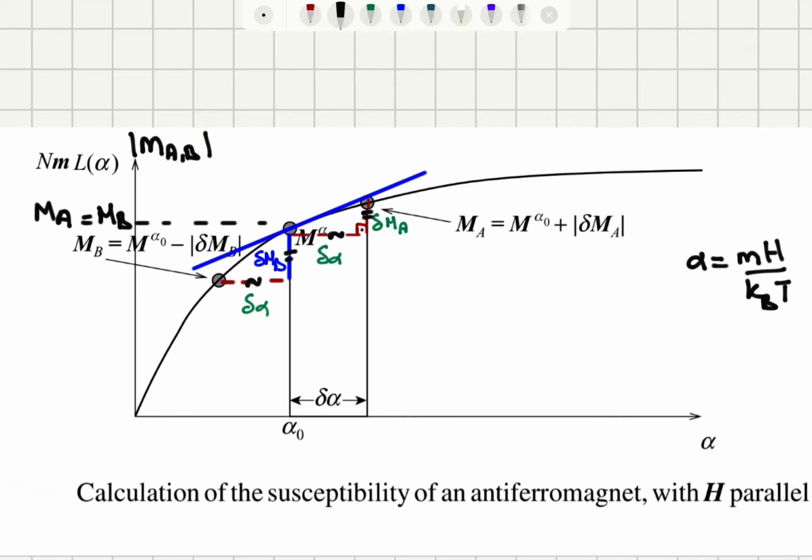You can see that increasing the value of alpha has the effect of shifting to the left for the B sublattice because it's the minus M sub A, so we have a minus sign, therefore it shifts in the negative direction. Okay, so if you put a line here at point alpha 0, you can see that the slope of this line will be roughly delta MA over delta alpha for the small magnetic fields that we apply.